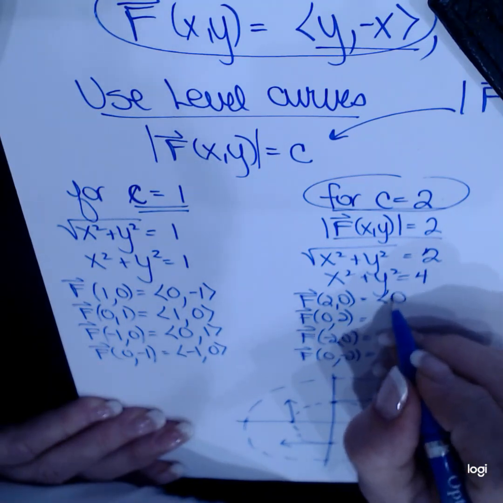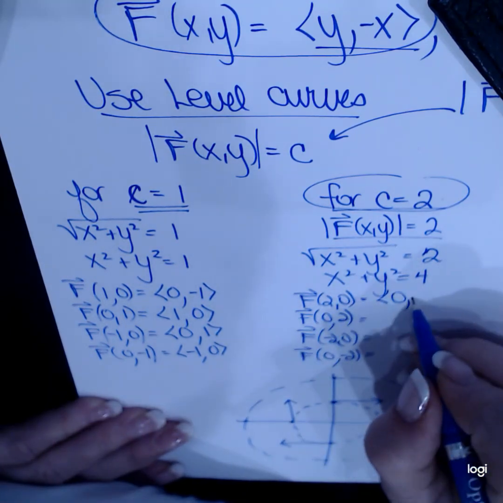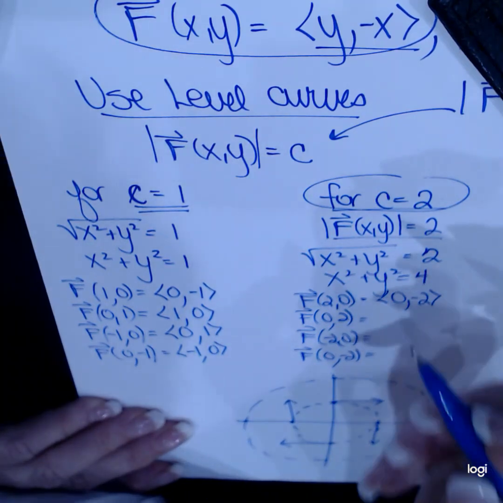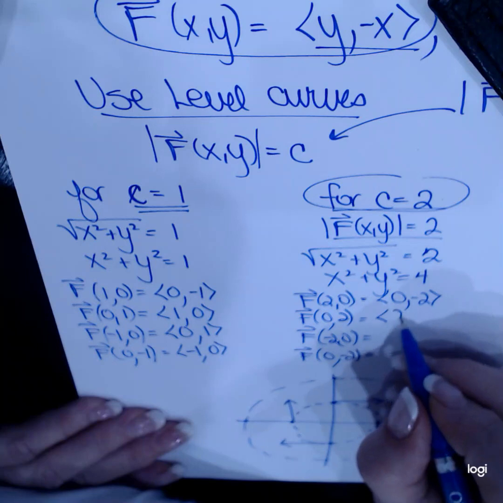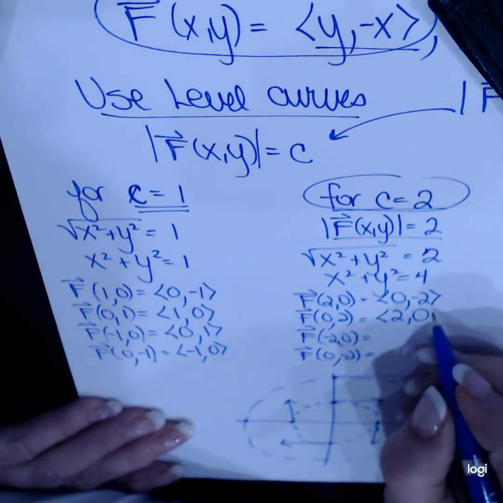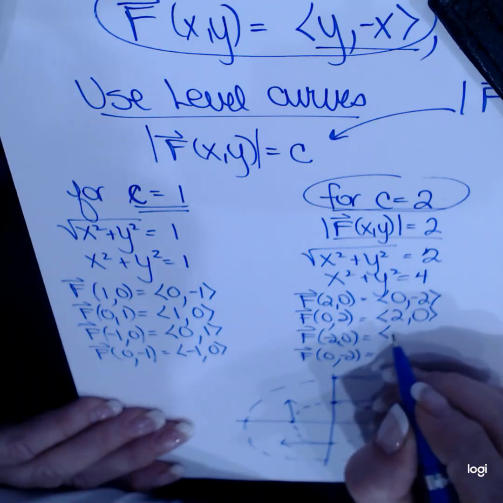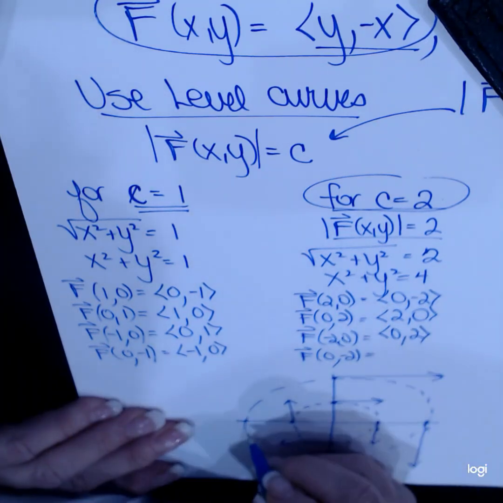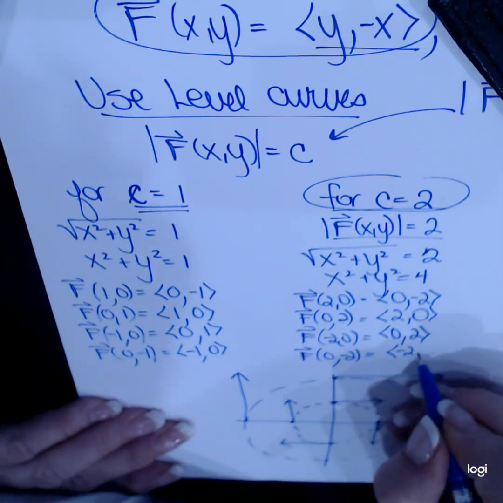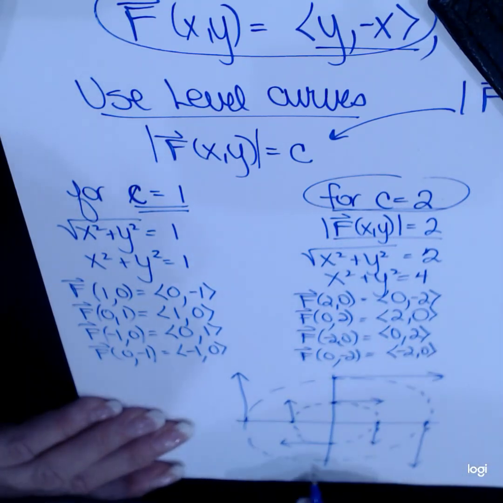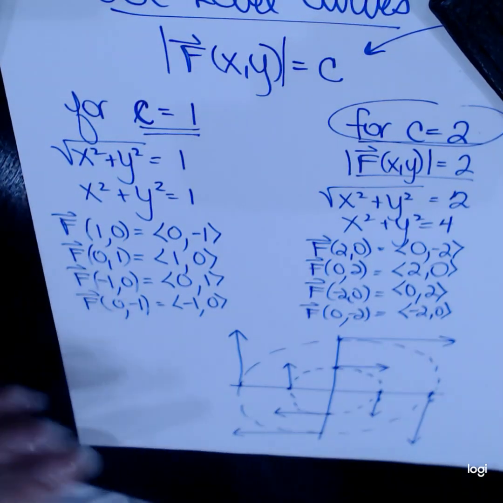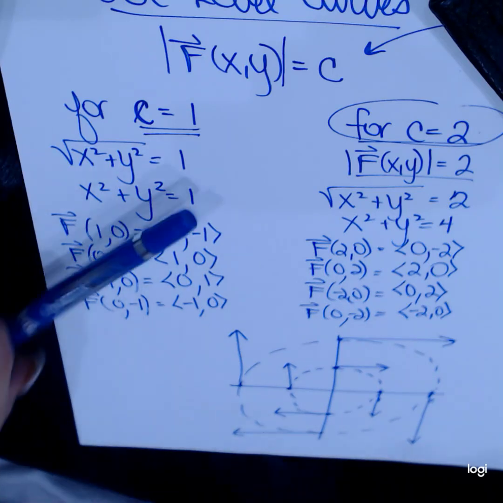So I'm going to get the vector having components (0, -2). That's going to come here and go down 2. The vector having components (2, 0), so that's this one that originates here. The vector having components (0, 2), coming from here. And then finally, the vector having components (-2, 0). And so what we start getting is a much better idea of what those vectors look like in our vector field.